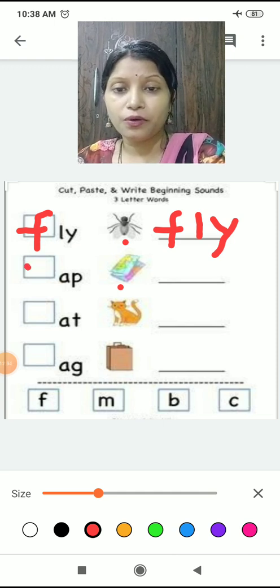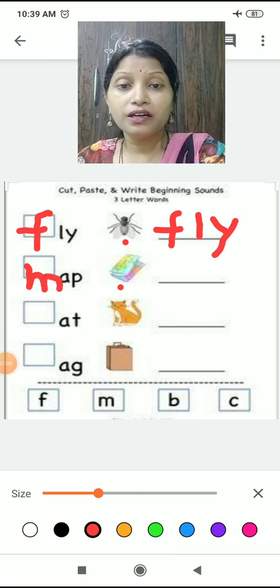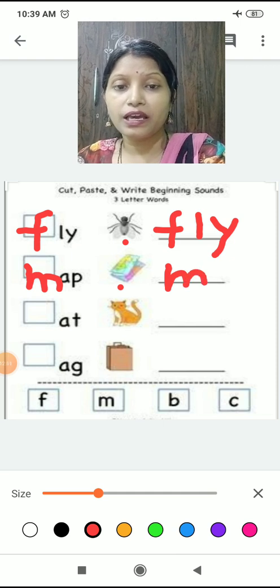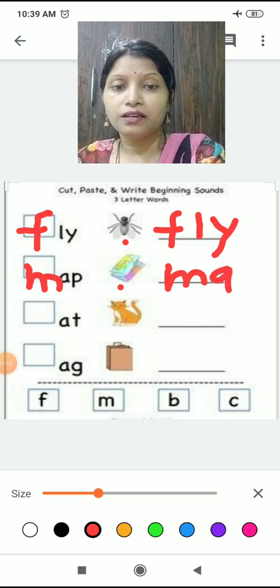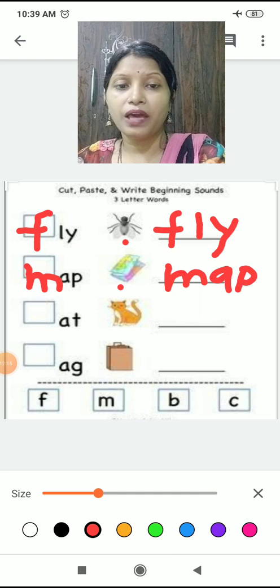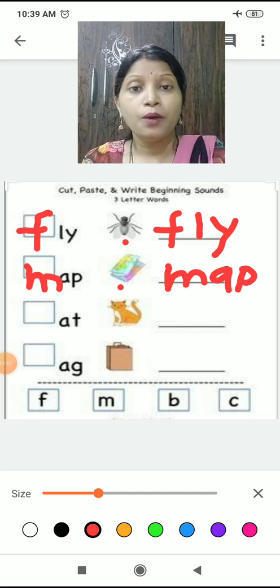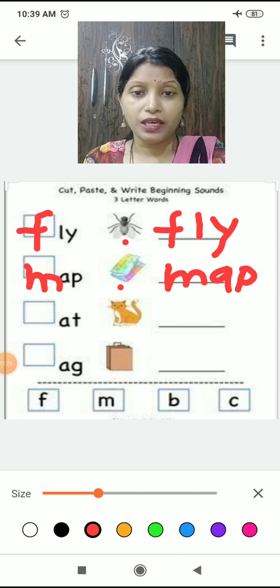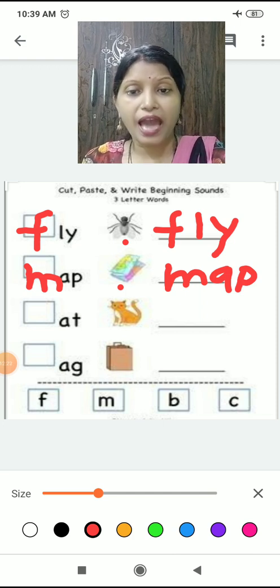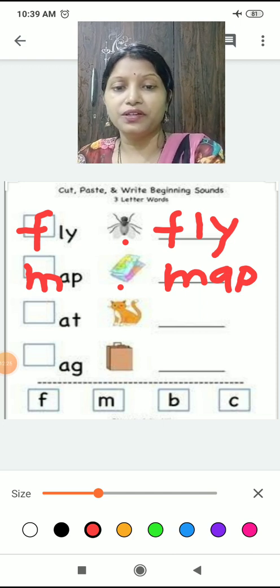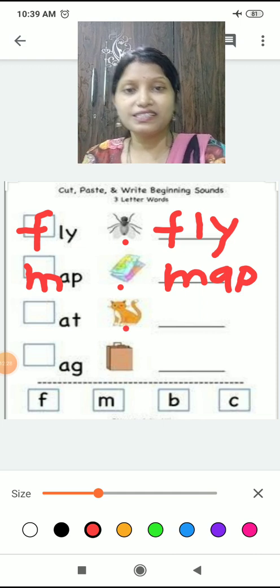So write down M. Now make a word here. And what comes next? A and P. M A P. Map. Okay, very good.